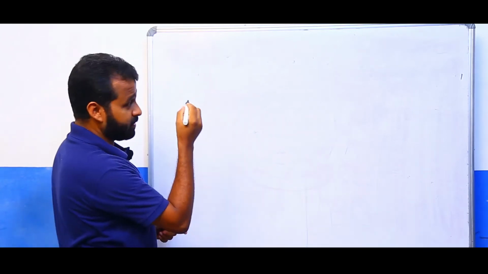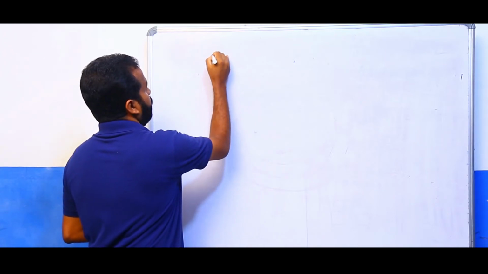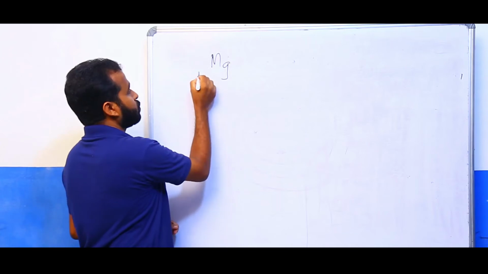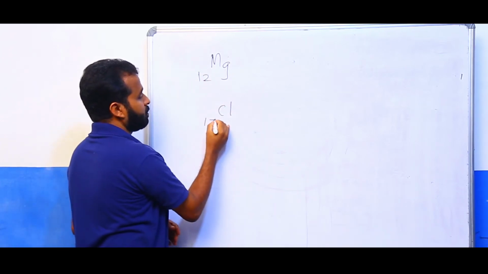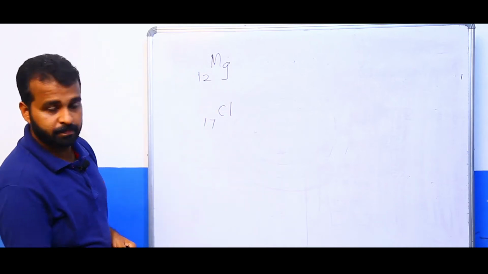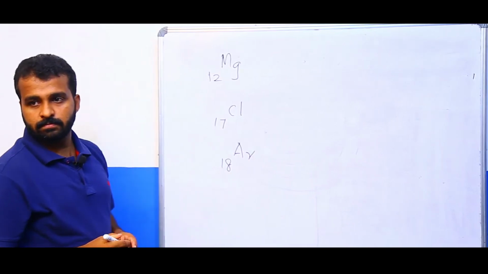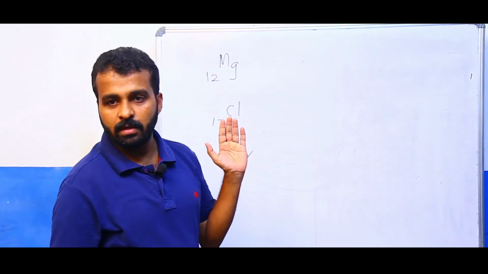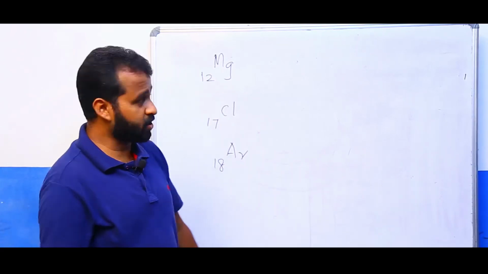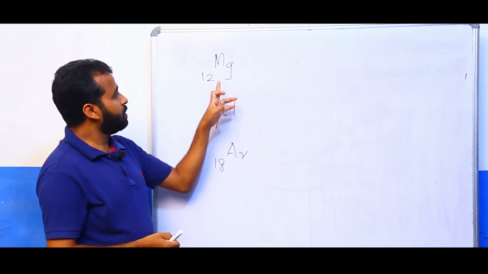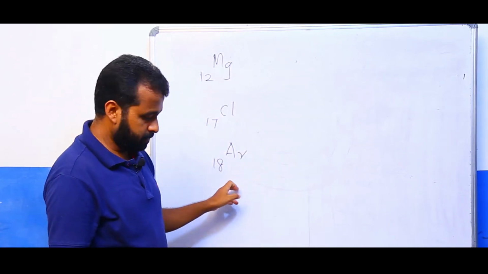The elements are magnesium with atomic number 12, chlorine with atomic number 17, and argon with atomic number 18. Write the shell electronic configuration of these atoms: magnesium, chlorine, argon. Okay, speed up.